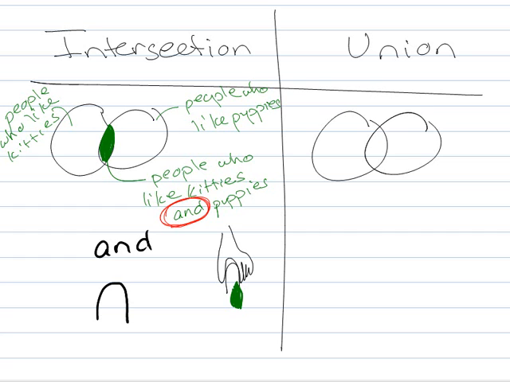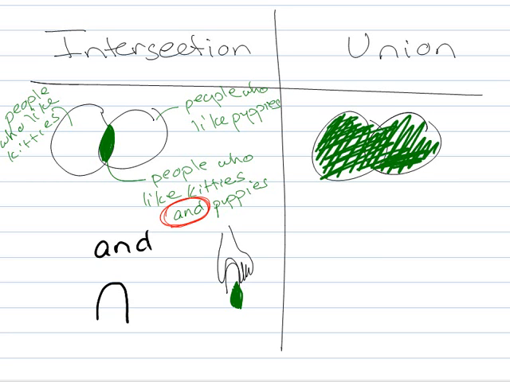Union, on the other hand, would look like this, right? It's the union of both of them. So the way you might describe this would be people who either like kitties or puppies, right?